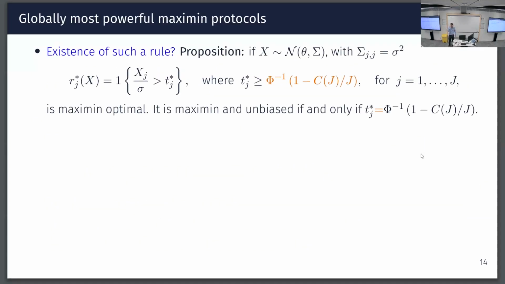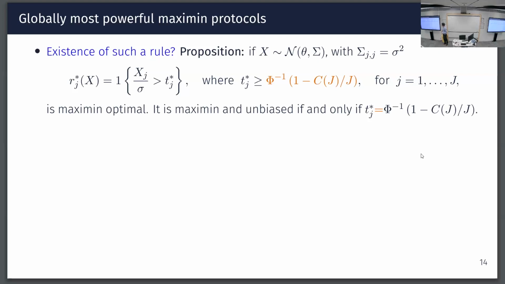Okay, so then the next question is, does there exist a rule that satisfies this condition? And here what we're gonna do is impose a distributional assumption on our X, drawn from a Gaussian with mean theta and variance sigma, and then we also are gonna impose a homoscedasticity restriction on the variance component. So we basically say that the variance across the different tests and subgroups is the same.